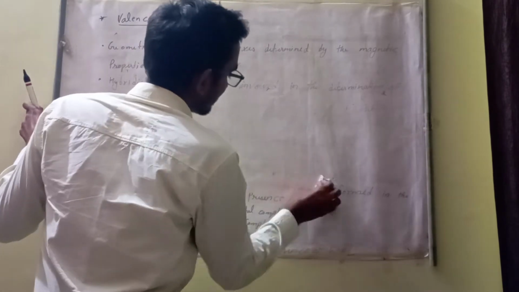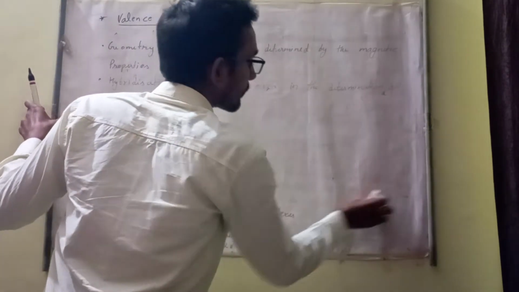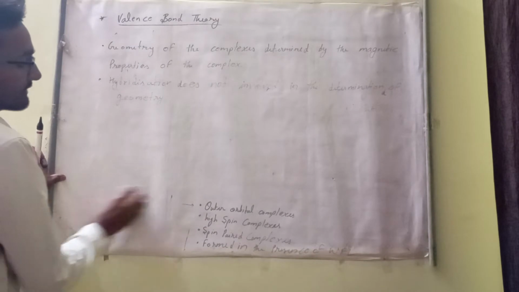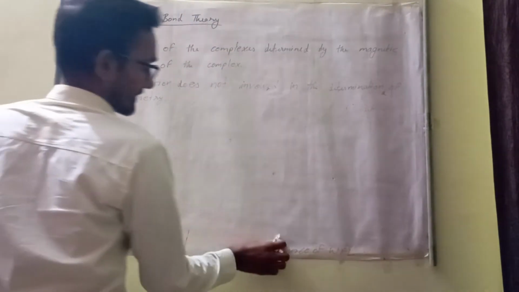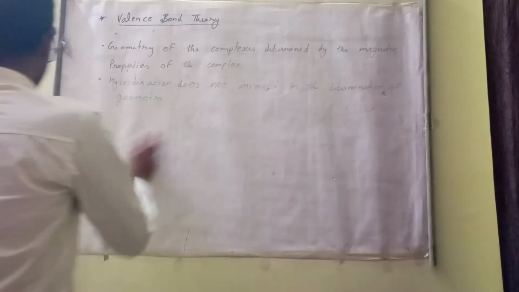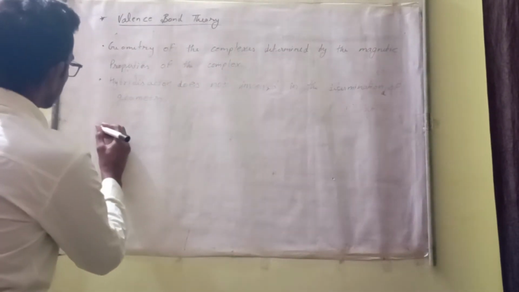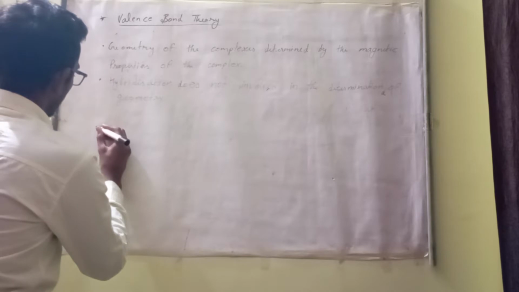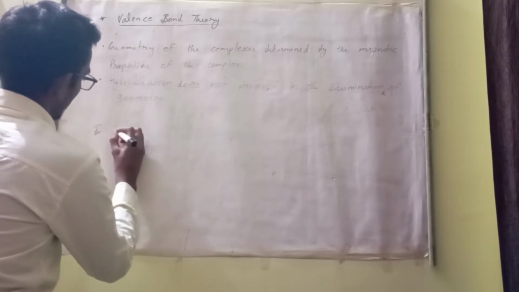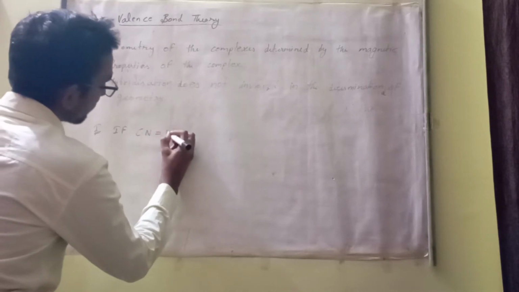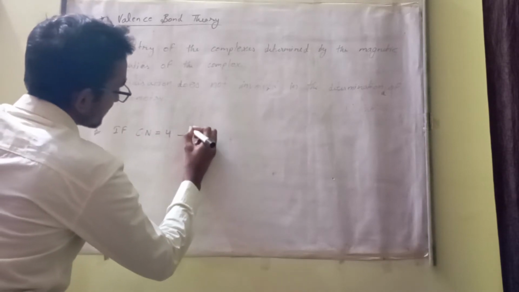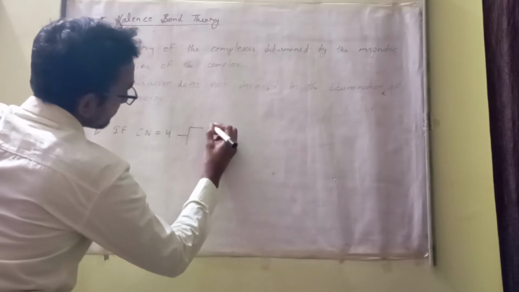If the coordination number of the complex is 4, it has two types of geometry.